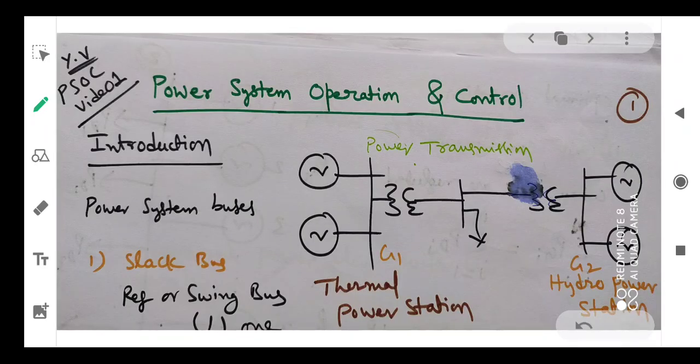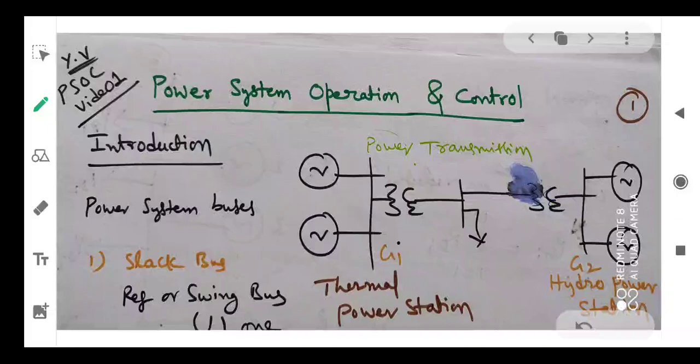Now let me focus on the brief description of the entire syllabus. Power system operation, introduction. So we'll consider a transmission system in which, so this is the thermal power. G1 is the generating station 1 of thermal power station, to which a step-up transformer is connected.